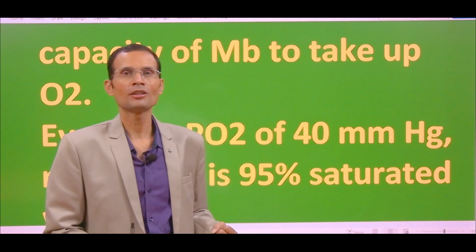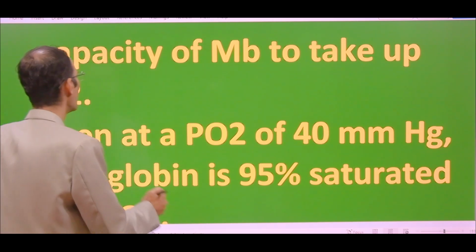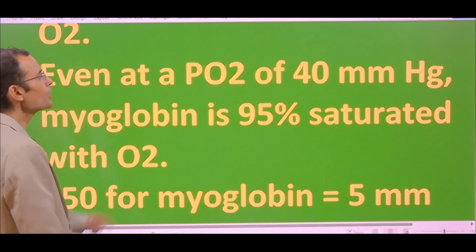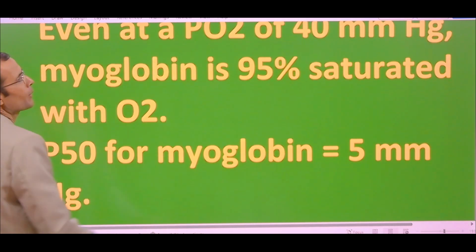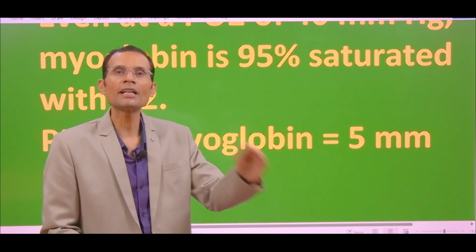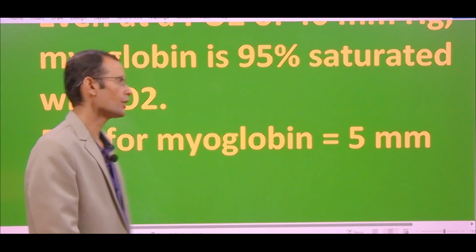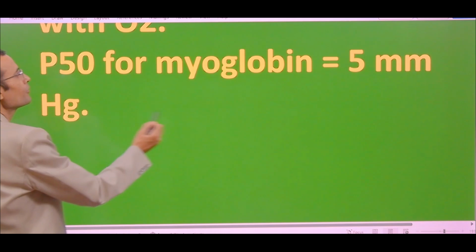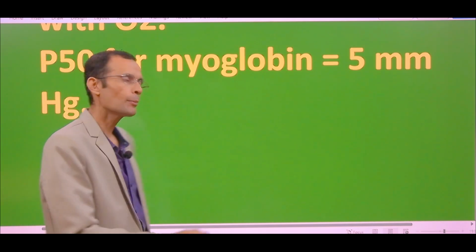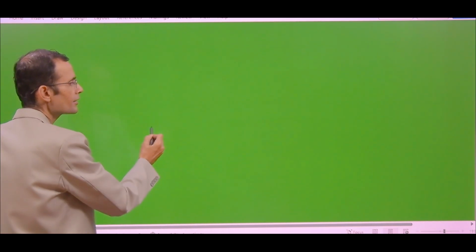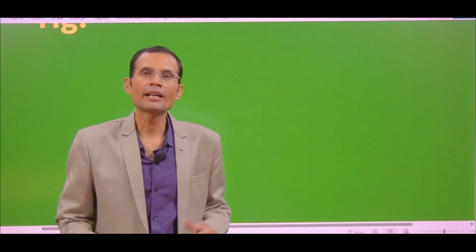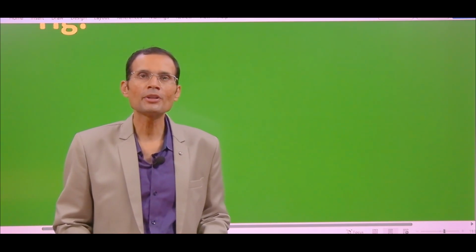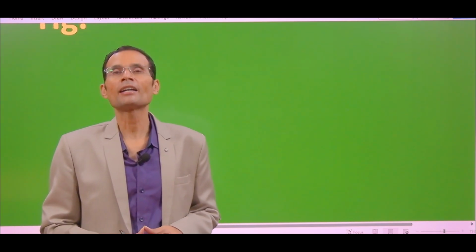Myoglobin will hold the oxygen because it does not have Bohr's effect. Even at a PO2 of 40 mm of Hg, myoglobin is almost 95% saturated, full saturation, and the P50 for myoglobin is 5 mm of Hg. So these are the reasons why I said in the beginning that myoglobin is an unsung hero and it's a part of very, very fascinating physiology.